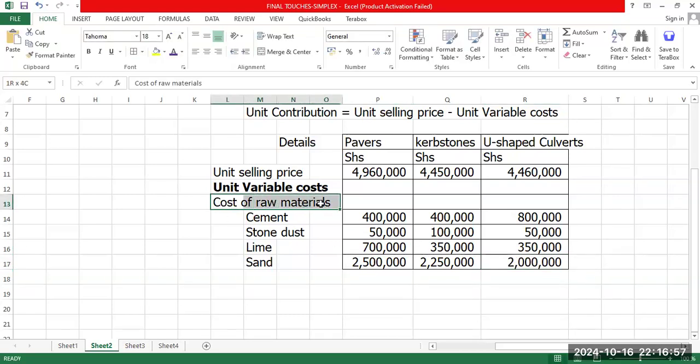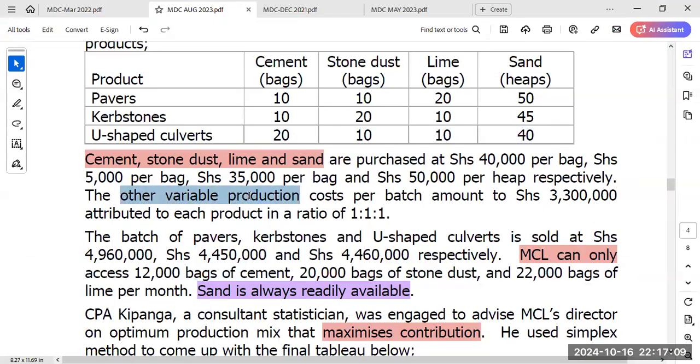So you have your raw materials. Do we have any other variable cost in the question? Eh? Yes. They are telling us that other variable costs per batch. Okay. This is also a variable cost.